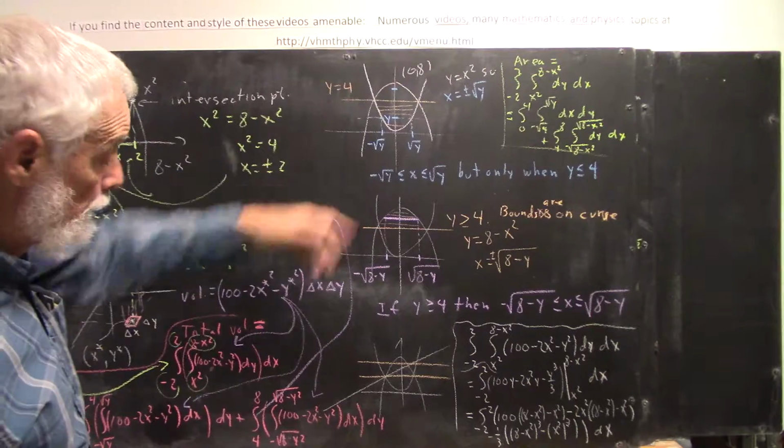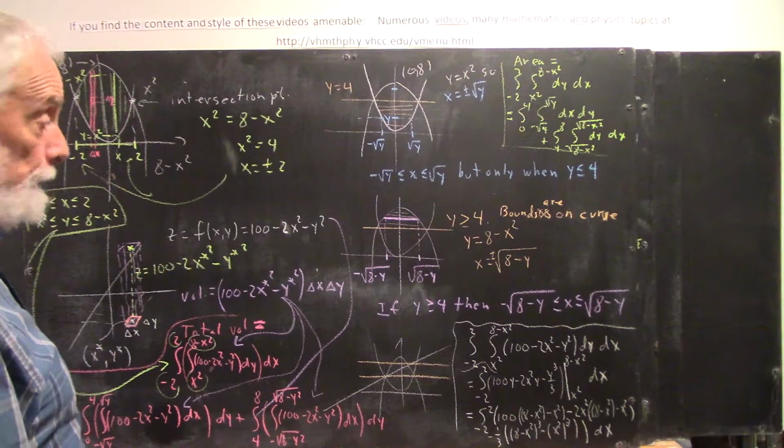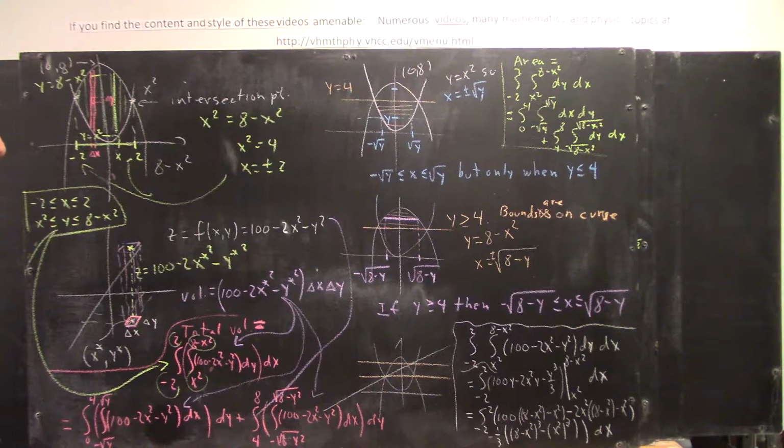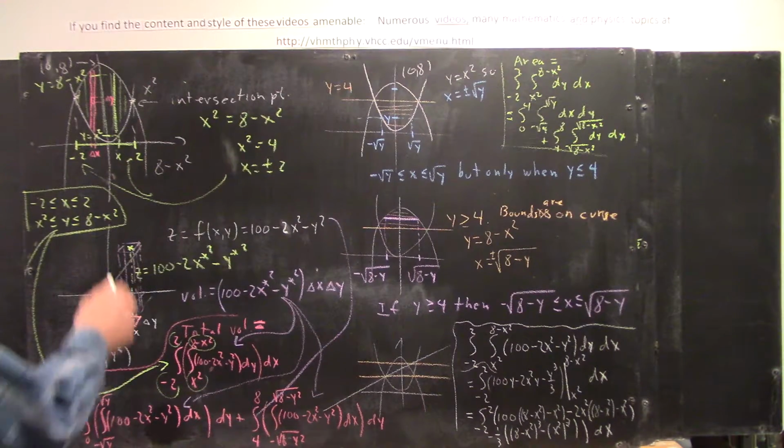Set this greater than 0, and you get the equation of an ellipse. It's going to be an ellipse with a semi-axis in the x direction of square root of 50, and in the y direction, 10. So there's an ellipse down here.